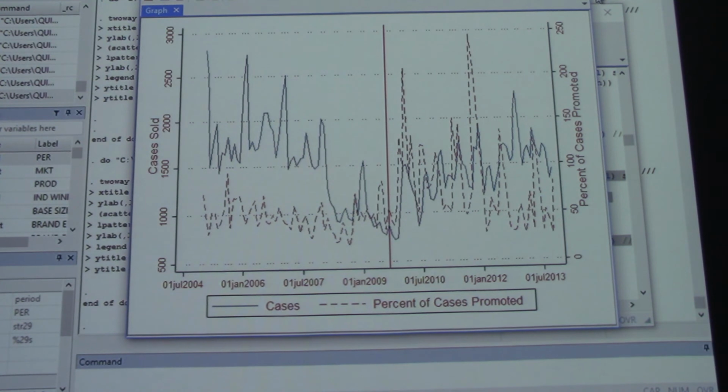And that's why promotion doesn't appear to have as big of an effect. But it is a really good fit in this period here.